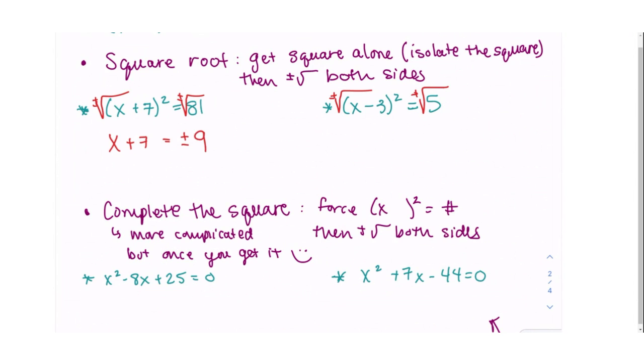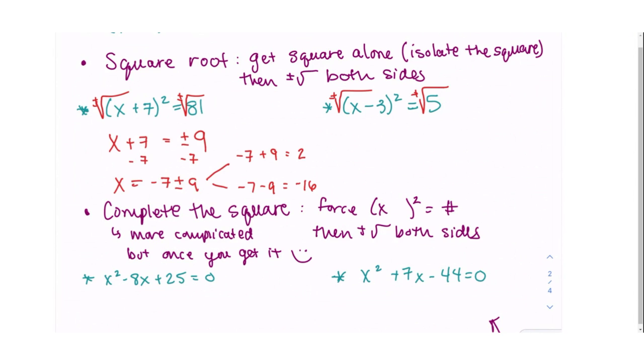So then we want to get x alone, and we would subtract 7 from both sides. We have two answers. x is equal to -7 plus or minus 9, which means we have -7 plus 9 and -7 minus 9. So plus 9 gives +2, and subtract 9 gives -16. Those are our two answers. Does that make sense?